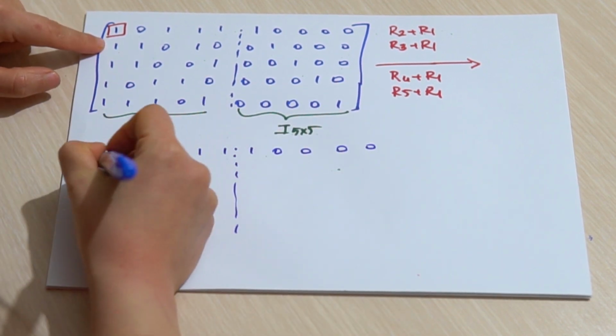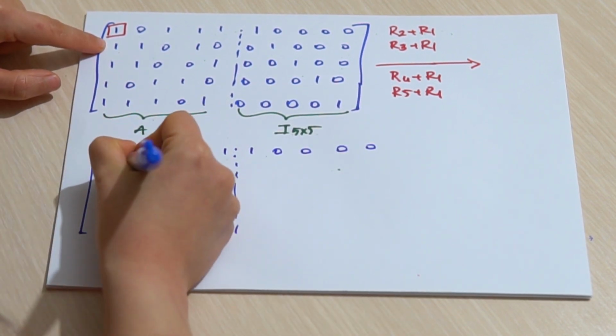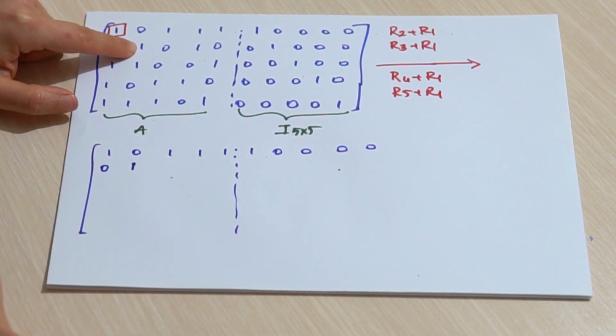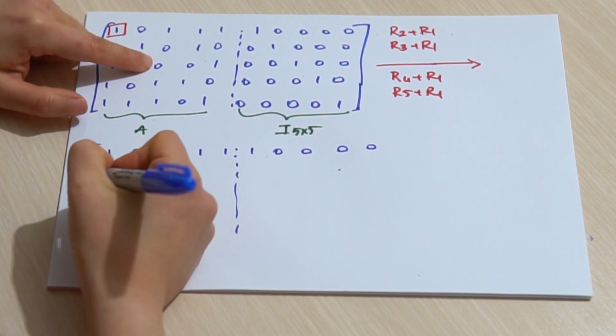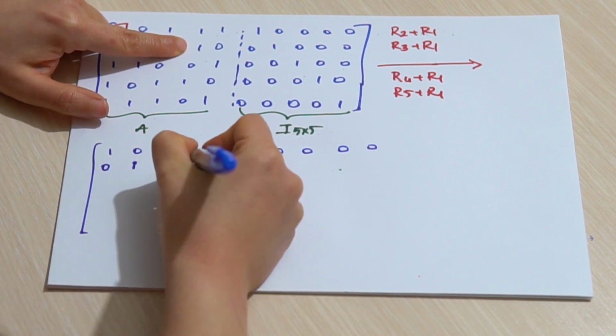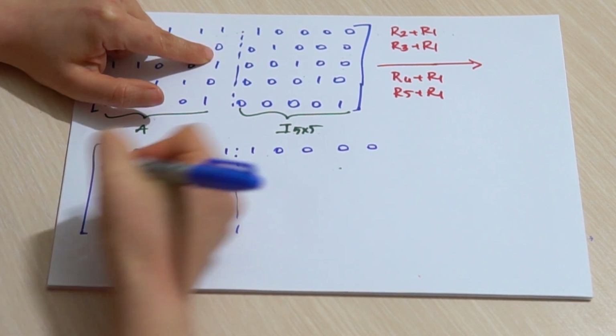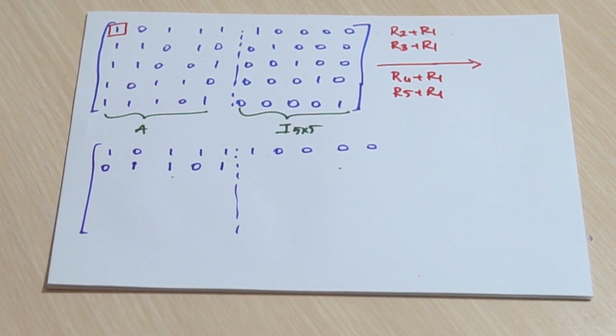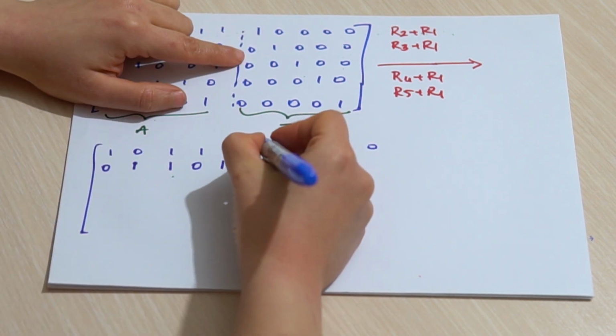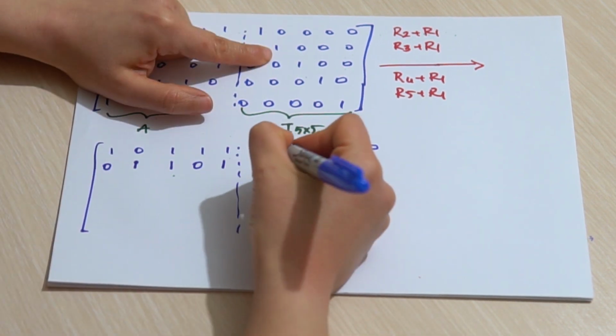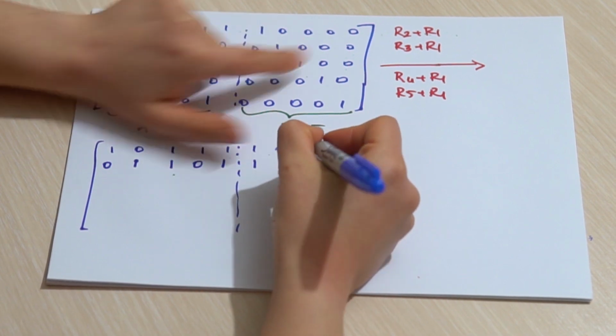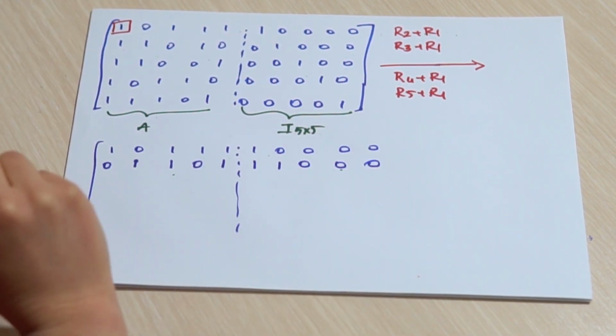Then I add 1 here, I get 0, there is nothing here, so I get 1, 1 plus 0 is 1, 1 plus 1 is 0, 1 plus 0 is 1, then 1 plus 0 is 1, 0 plus 1 is 1, and the other things are 0.